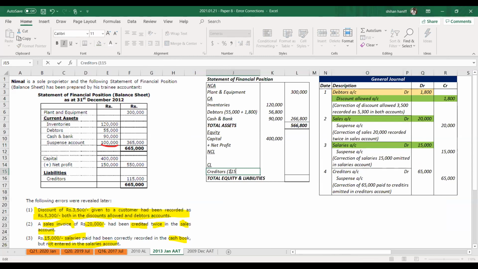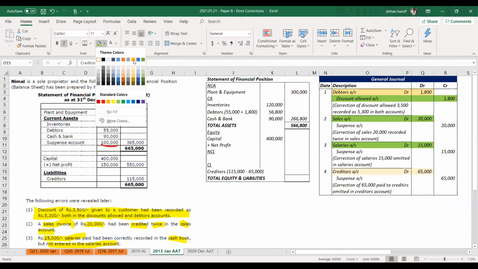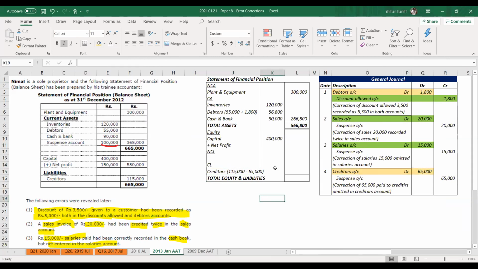Creditors balance is 115,000. Debit means 65,000, minus this creditors 65,000. So the corrected, adjusted creditors balance is 50,000.